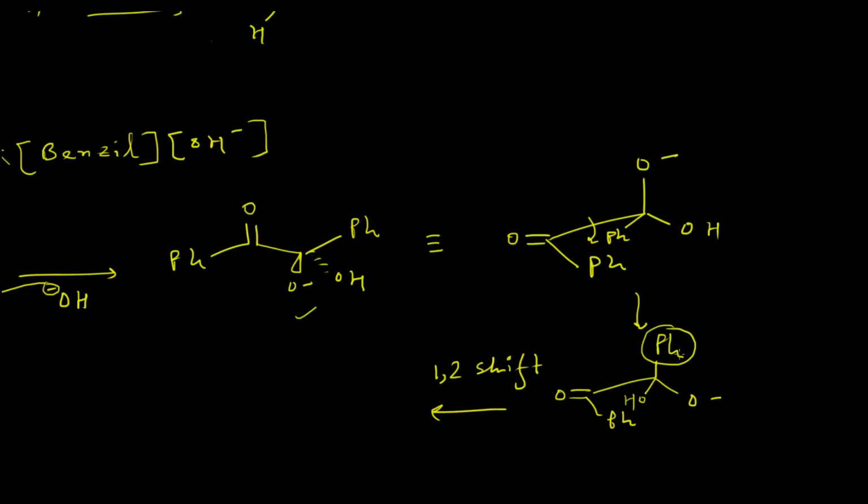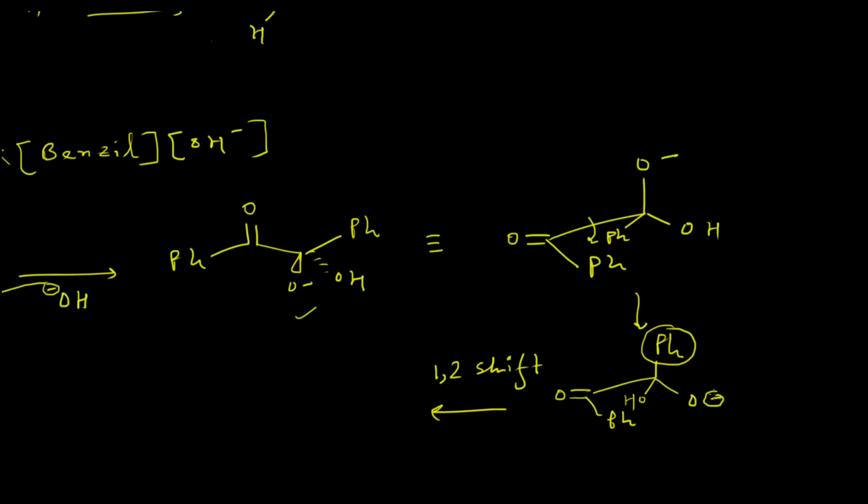To migrate from this carbon atom to this carbon atom, this phenyl group must be in this particular conformation. Otherwise, it cannot interact with the pi star orbital of this carbon-oxygen double bond properly, and that's why this conformation is needed.